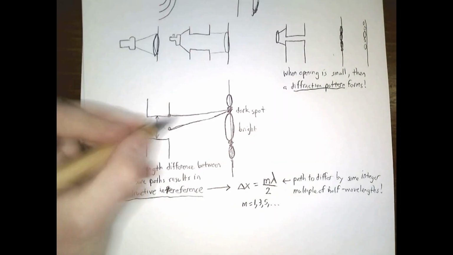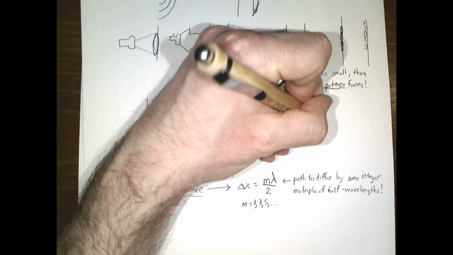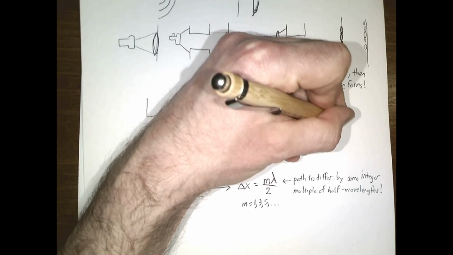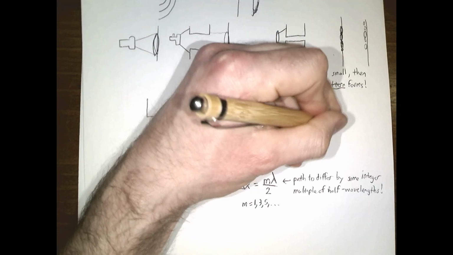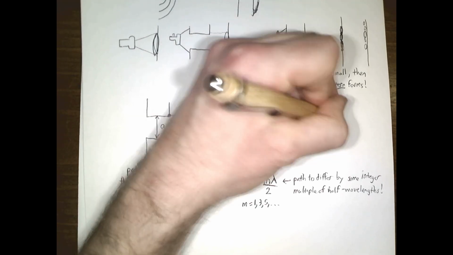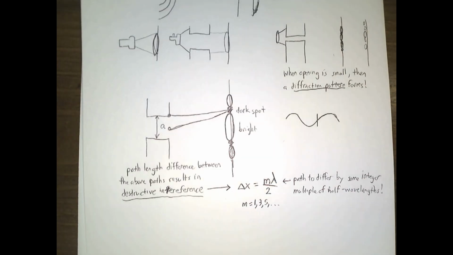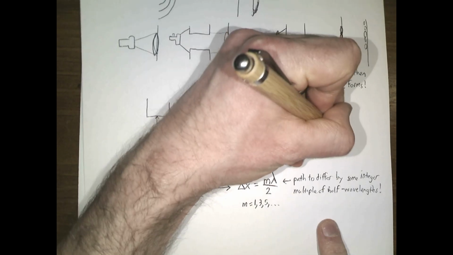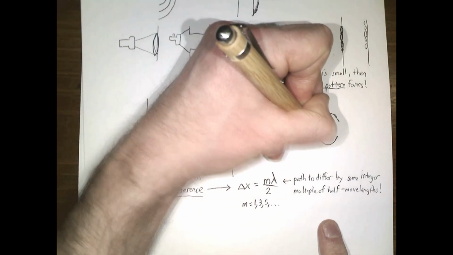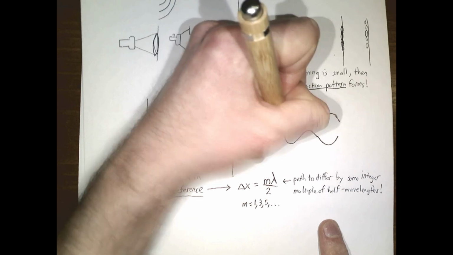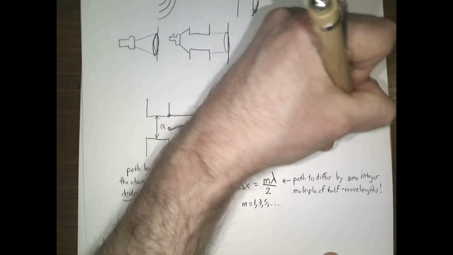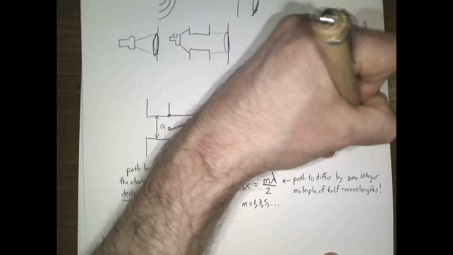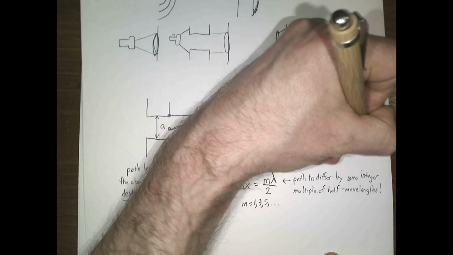So whatever these paths are doing, this one has an extra half wavelength, so that this way is on its way down when this way is on its way up. And so we have that these waves are out of sync by the time they line up, 180 degrees out of phase.